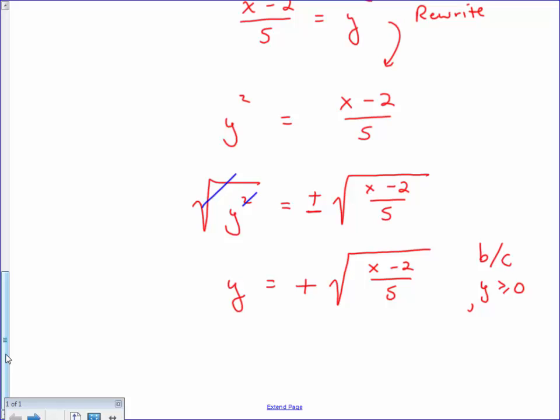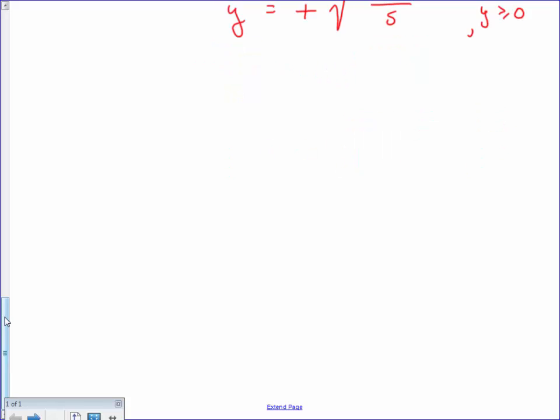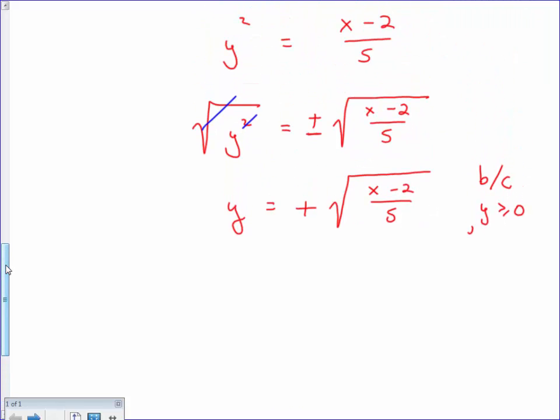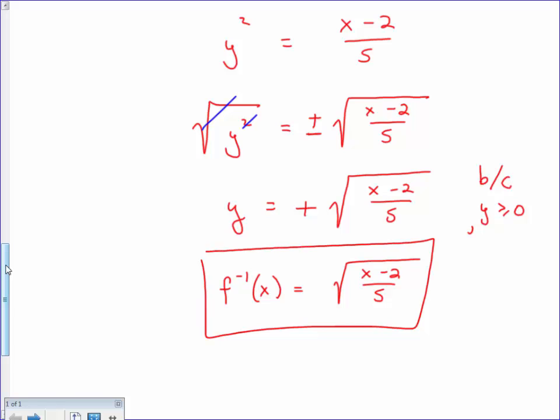Okay, this being the case, I now have the formula for my inverse. However, I need to write inverse notation, so instead of writing y equals, I would write f inverse of x equals the square root of (x minus 2) over 5. And I no longer really need to write the positive sign. It's understood to be positive when I don't write it.